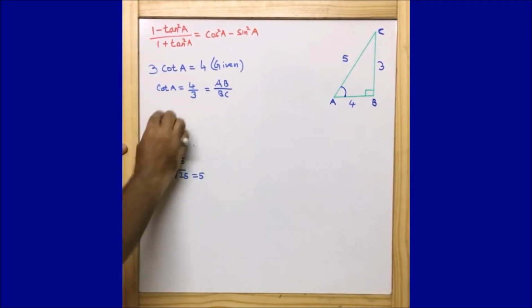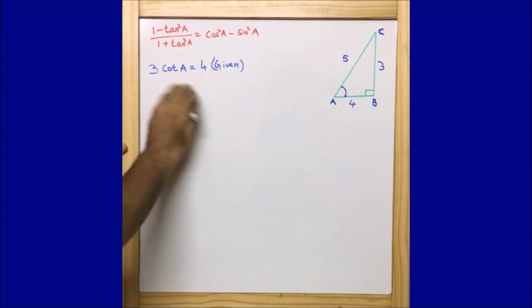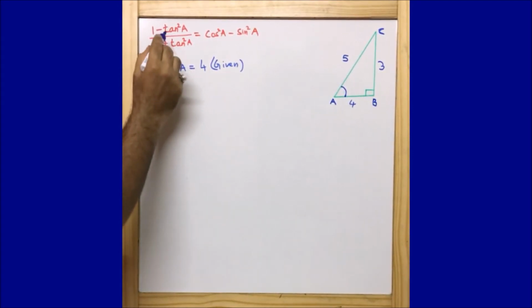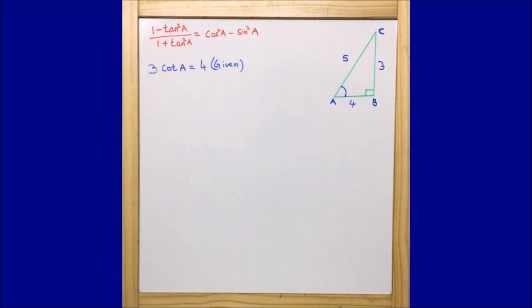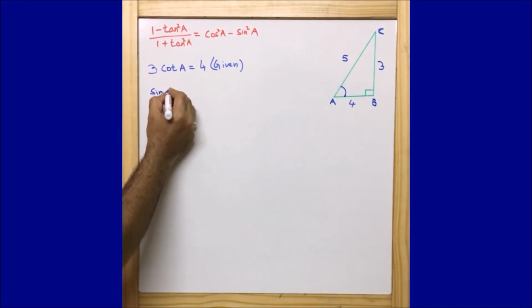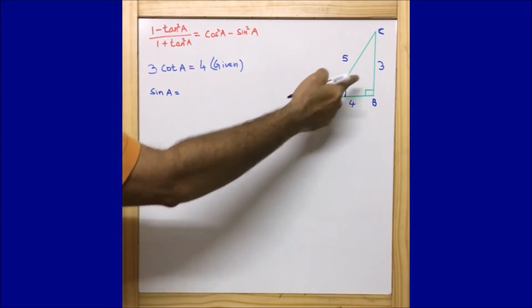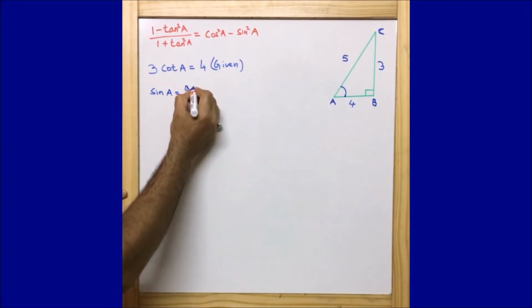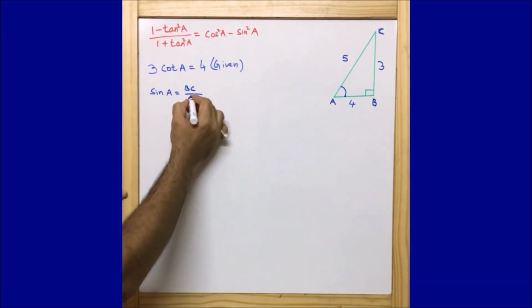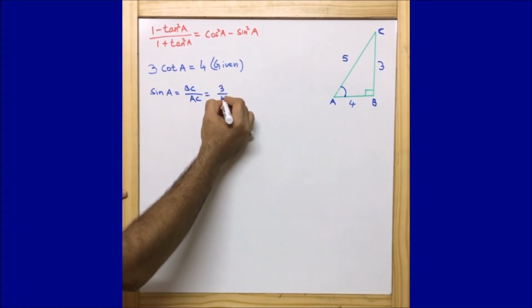Now let us first of all find out the values, then we will put the data in this equation and we will see. We have sin, cos and tan. So let us find out the value for sin A. What is sin A here? Sin A is equal to side opposite to angle A, that is BC, upon hypotenuse AC, that is equal to 3 by 5.